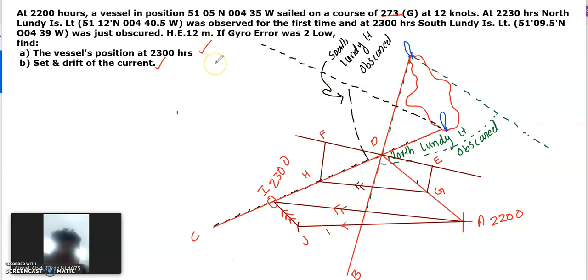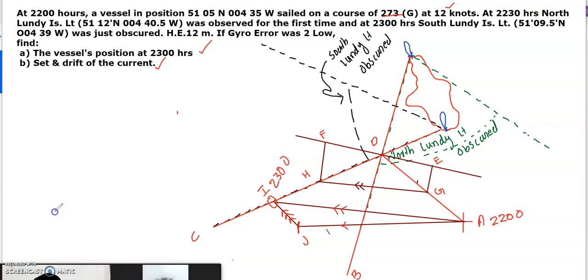Our speed is 12 knots, and this is a one hour triangle. I cut it here, this is our engine speed, J. Now AJ will be our CTS, and this is one hour engine speed. Then I joined J and I. This JI will be our set and drift. In this case it is a rate, because it is only for one hour.